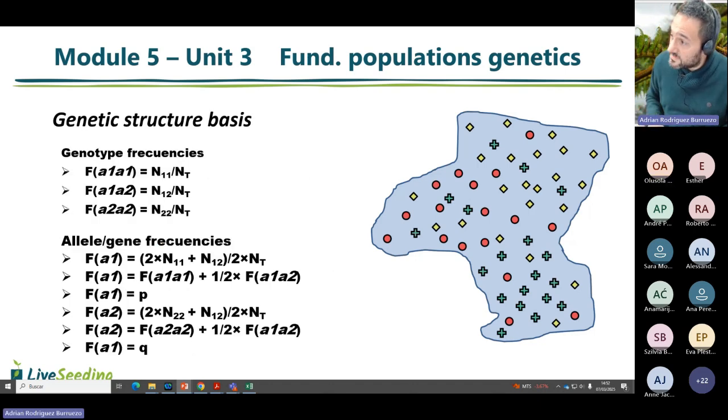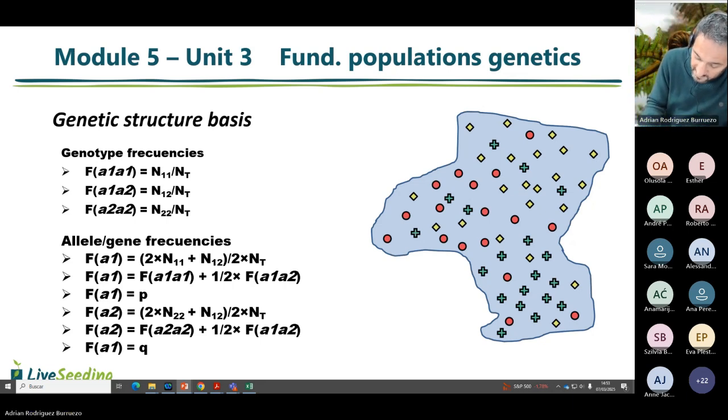Good. With this information, we are going to estimate the first simple parameters to define the genetic structure of this population. The first one are the genotype frequencies, which means the proportion or the ratio of each genotype in the total population. It is so simple: dividing the number of individuals of each genotype by the total number of individuals of the population.